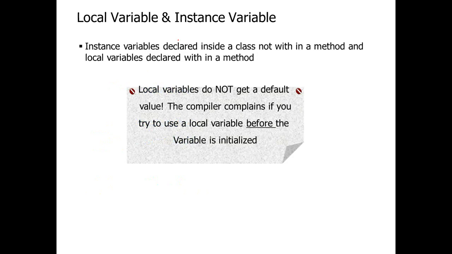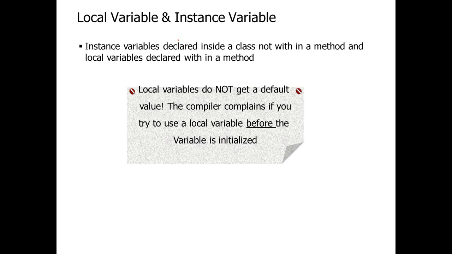Alright. And one note here is about local variables and instance variables. There is a difference between how Java treats local variables and how it treats instance variables. What are local variables? Variables which are local to a method, method level variables, are called local variables, and Java treats them differently when compared to instance variables.